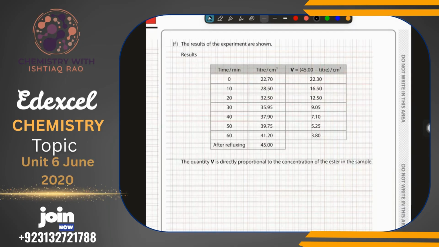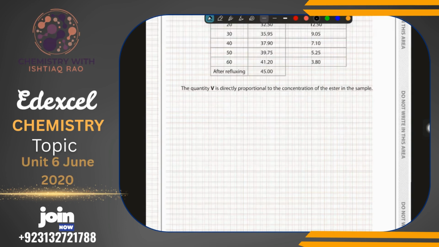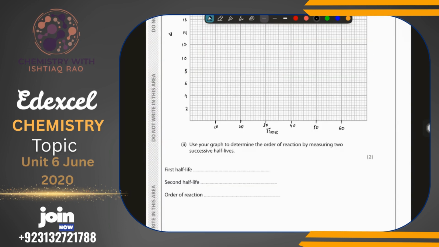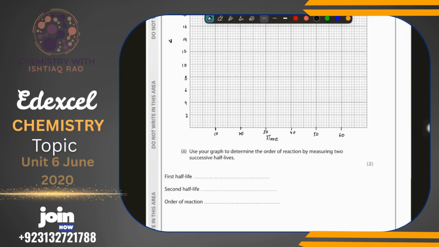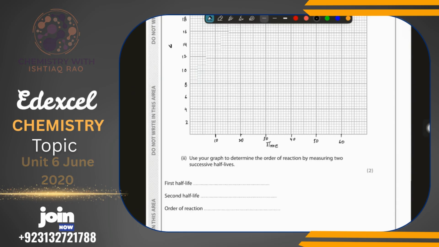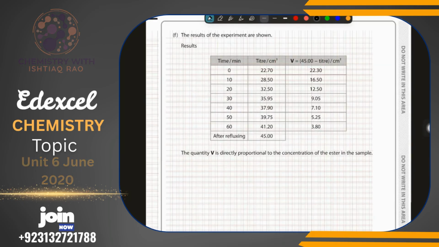The values are in centimeter cubed, right? 0 is 22.3. So, wait, 2 divided by 5 is 0.4. It is a little bit big.